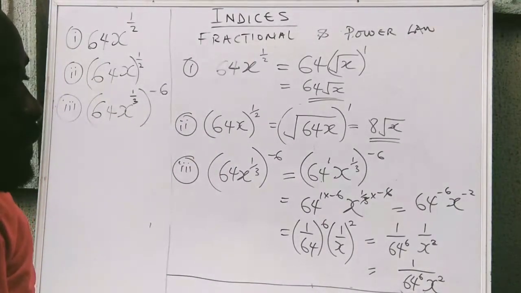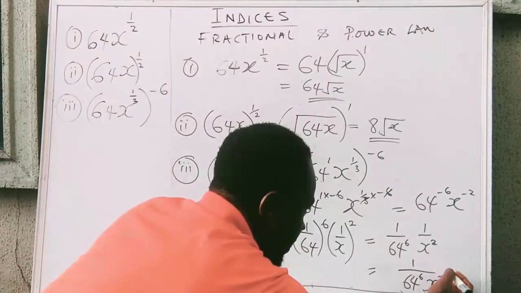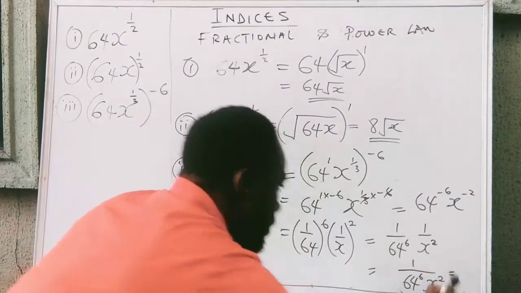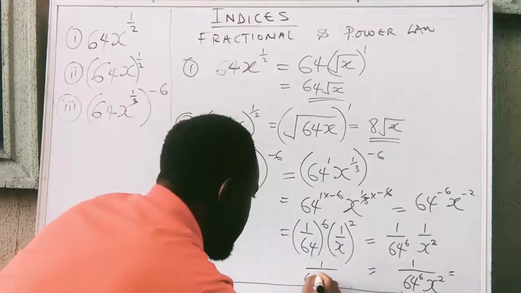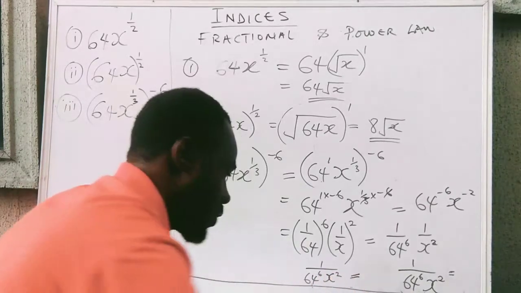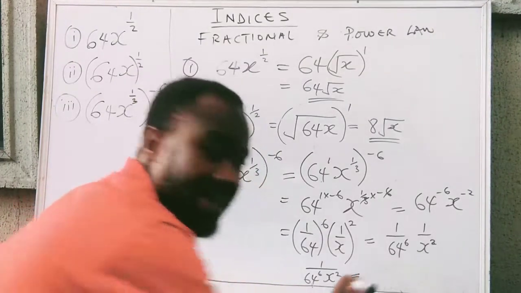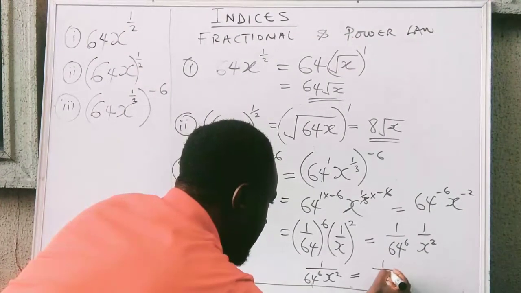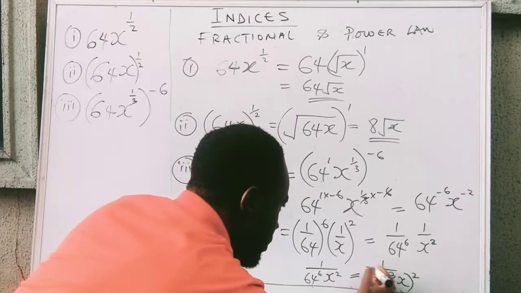So we can stop here, or I can decide to put it this way if I choose to. Okay, let me write it here. 1/64 to the power of 6 is equal to 1/64 to the power of 3, with x to the power of 2.